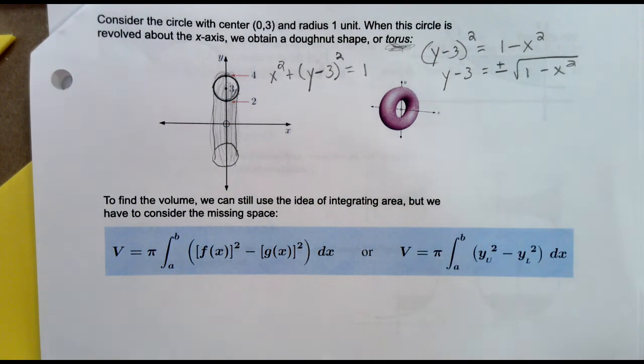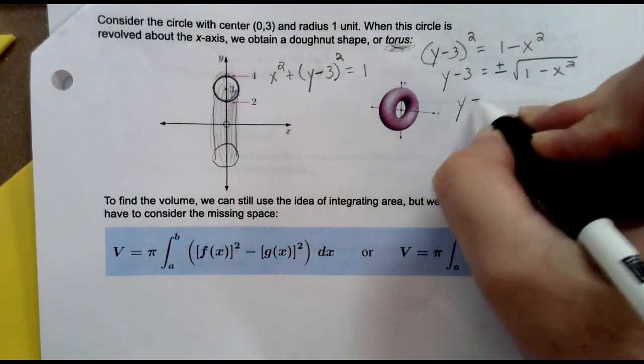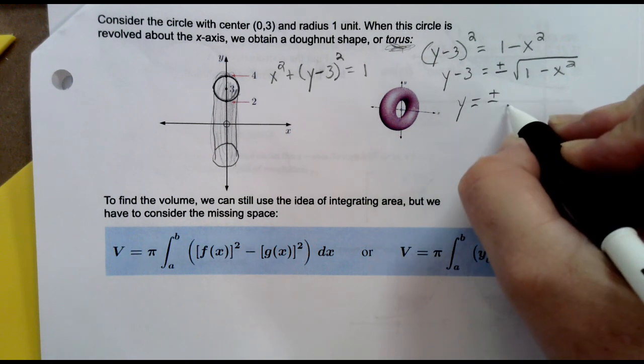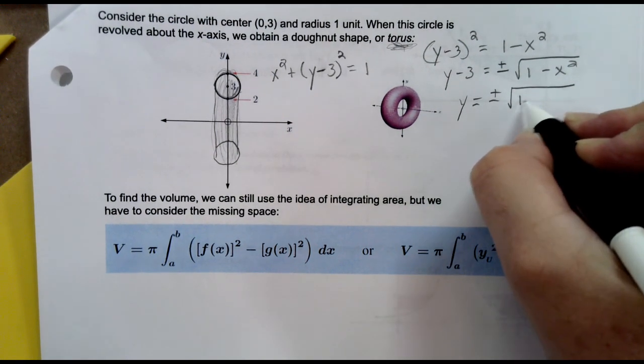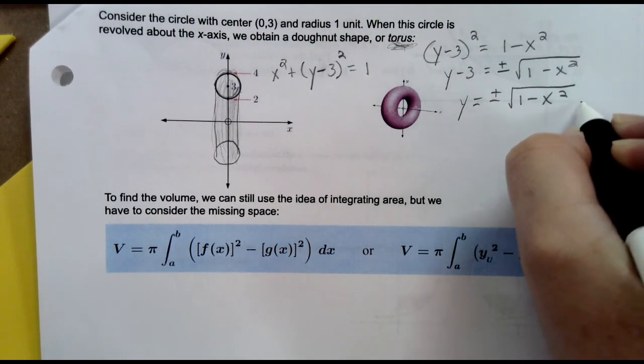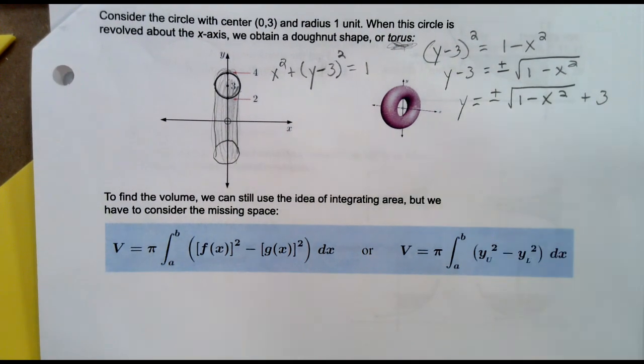So y equals positive or negative square root of 1 minus x squared plus 3. Yeah, this one's kind of ugly. And then we do the plus minus the negative. Correct. Well, the plus squared minus the negative squared.